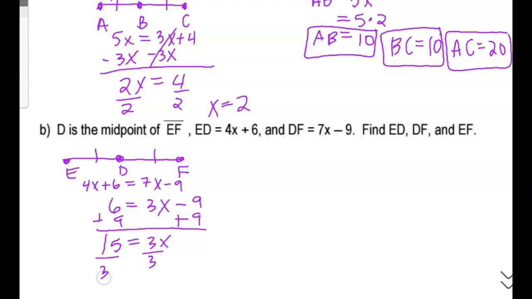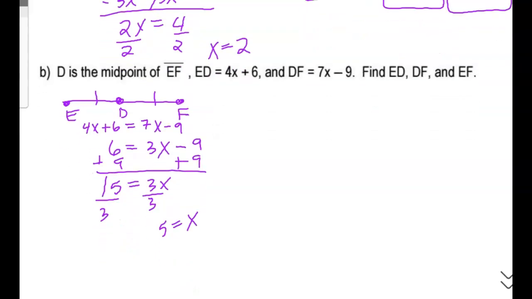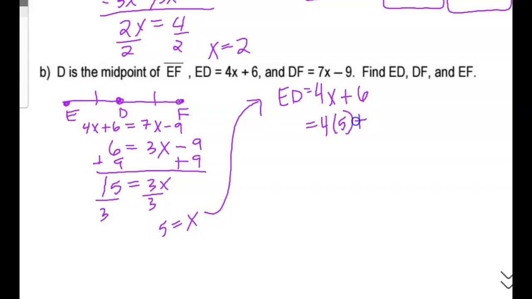Okay, stop. Alright, once you get x equals 5 and you plug it in to find ED, what is ED, Leslie? 26. Who else got 26? Good job. Plug it in: 4 times 5 is 20 plus 6, 26.